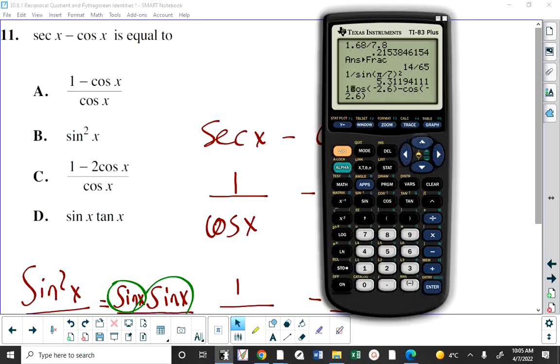It should be divided by. And figure out what the question would give me if I used a random x number like negative 2.6.